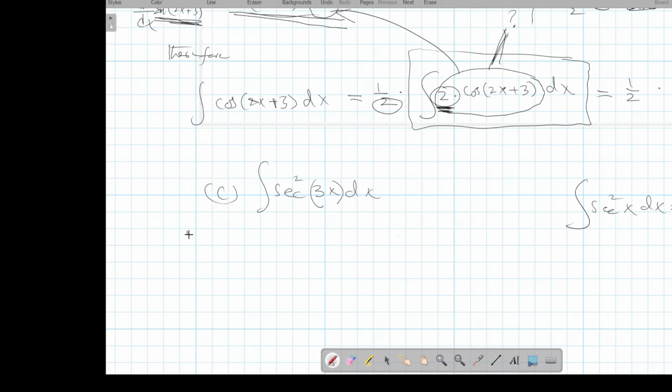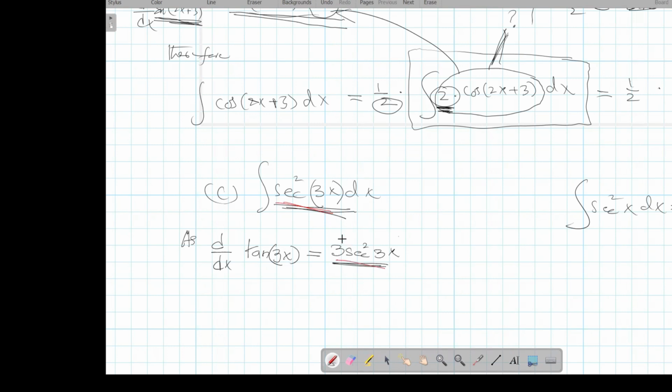What you will say here is that, as we know, the derivative of tan 3x. How would you differentiate tan 3x? What is the derivative of tan 3x? 3 sec squared 3x. So look at here. Compare these two things. What is missing?